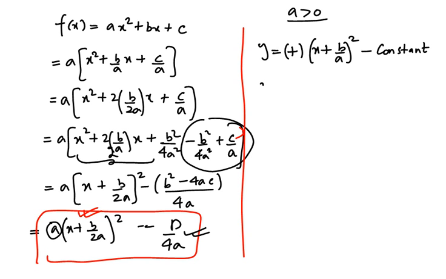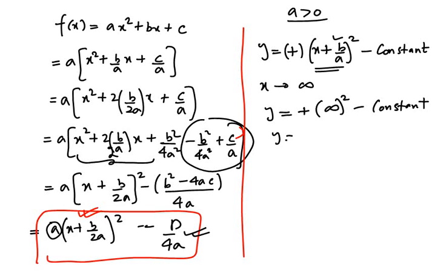Now as x approaches infinity, what happens? When x approaches infinity, in this part we have a plus sign, and it's a very large number; I put x as infinity just to indicate a very large number. Infinity plus a constant is infinity, and then we have the square of it, and then minus a constant.